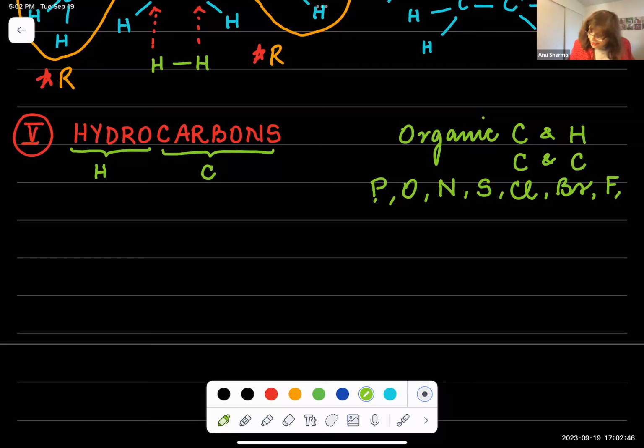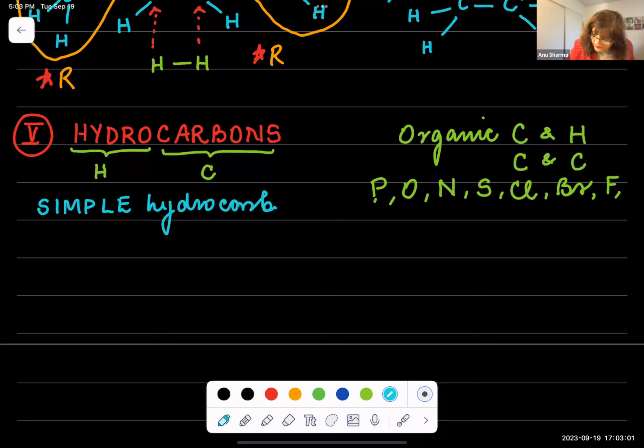Now, let's look at some of the very simple hydrocarbons. What are these simple hydrocarbons?